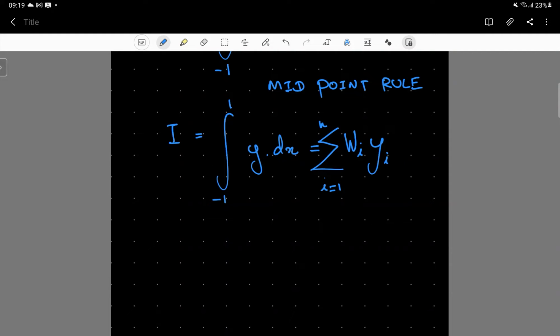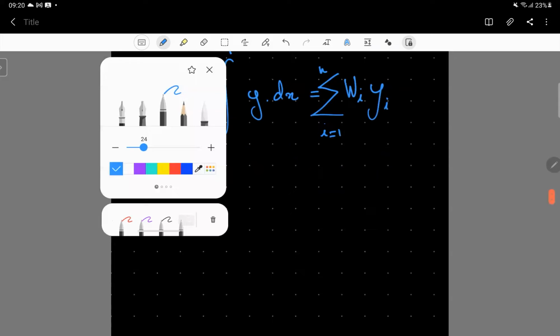So to get more of an idea as to how this method can be applied, let's now consider a 2-point Gaussian formula, just before we generalize this.